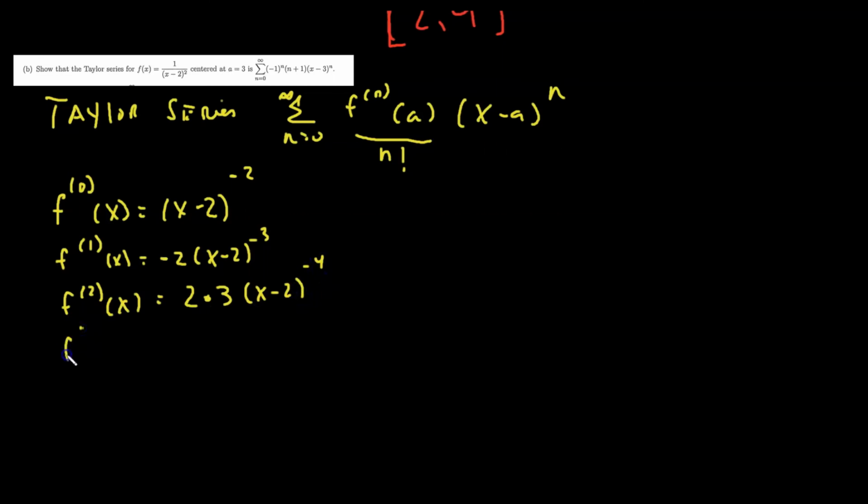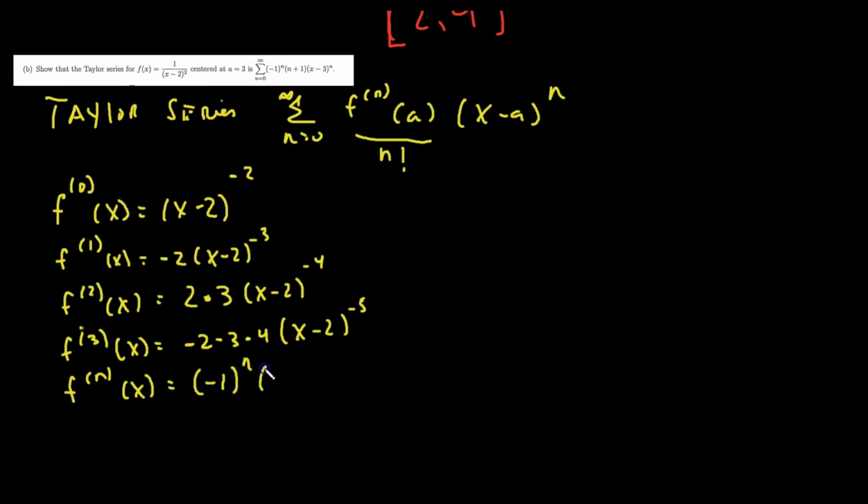If we do one more, we can deduce the general formula. The general formula for the nth derivative is negative 1 to the n plus 1, times (n plus 1) factorial, times (x minus 2) to the negative (n plus 2).